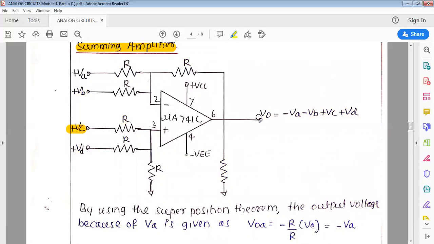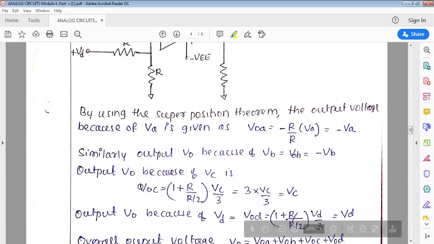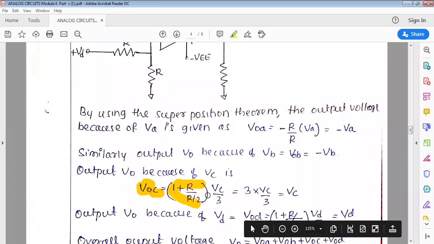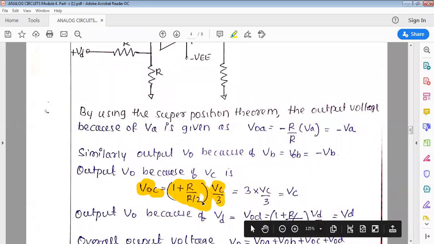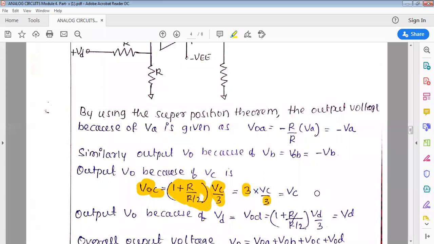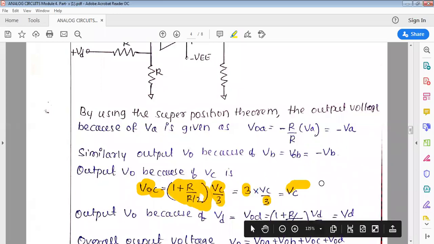So the output voltage V naught because of C is given by, this part is nothing but the gain of the amplifier, and this is the input that is available. So 1 plus R by 2, after simplification, it will be 3 into VC by 3. So this 3 and this 3 will get cancelled and I'll be left with only VC. You can see that the first two were with negative sign and this is with positive sign.